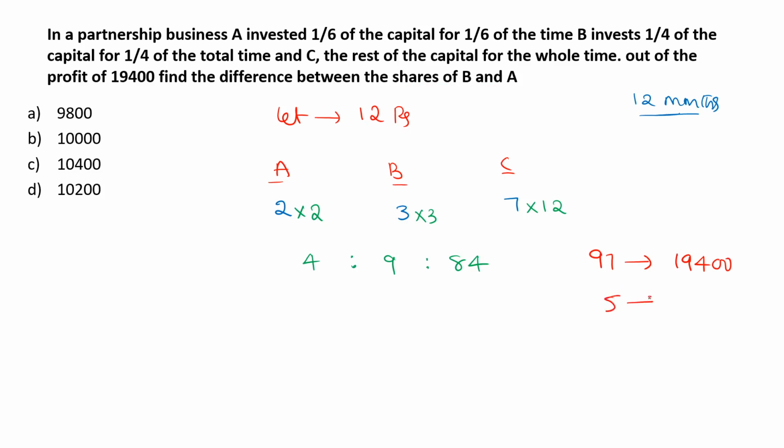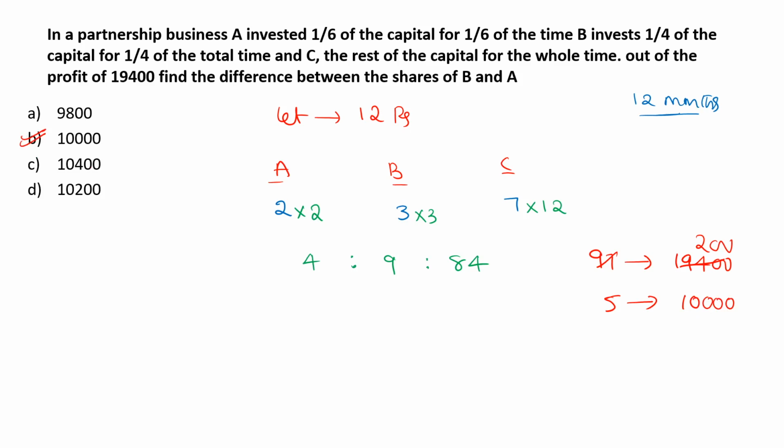When the value of 97 units is 19,400, the value of 5 units would be 10,000, that is option B. 10,000 would be our answer.